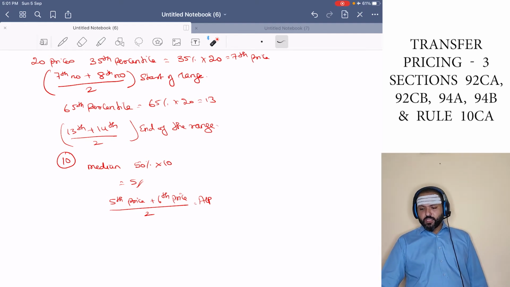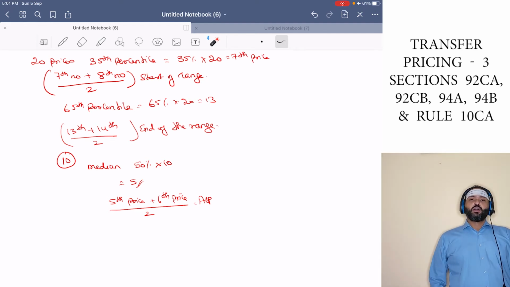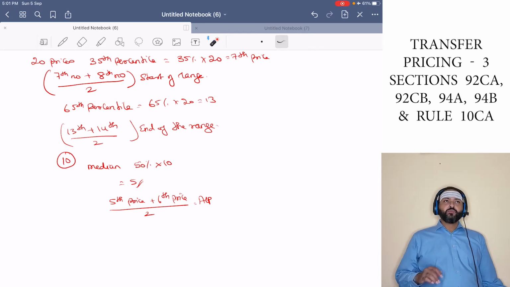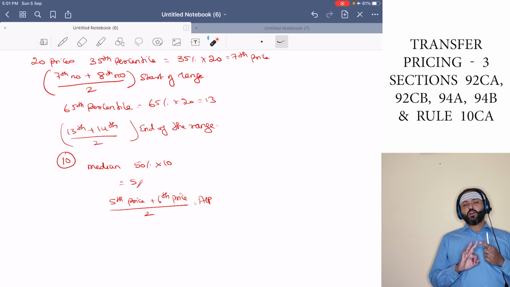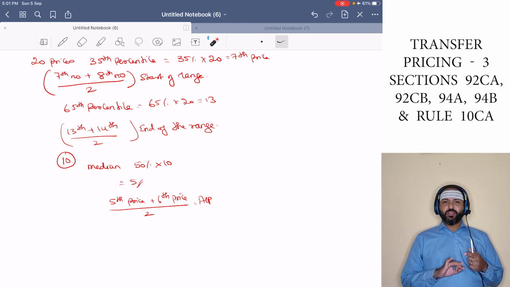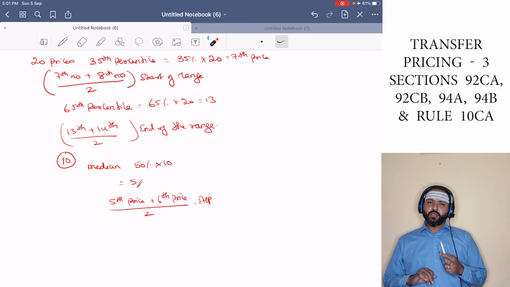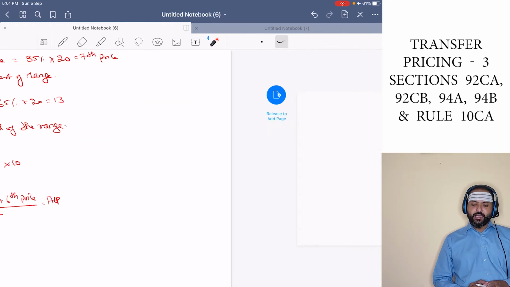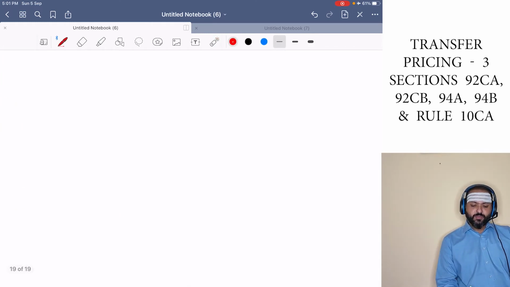Fine. Now there is one more issue that cropped up here. What was this one more issue? These 3 methods, cost plus method, resale price method, and transactional net margin method, had reliance on something called a profit margin.